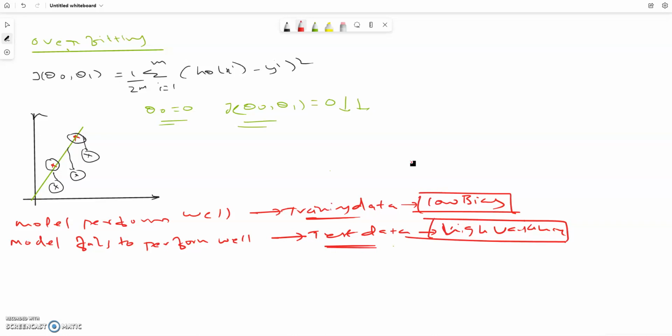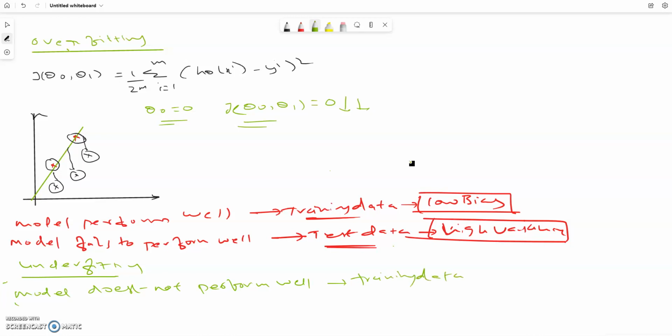Similarly, we have another problem which is called underfitting. In underfitting, model accuracy is bad with training data. Here, the model does not perform well with training data.